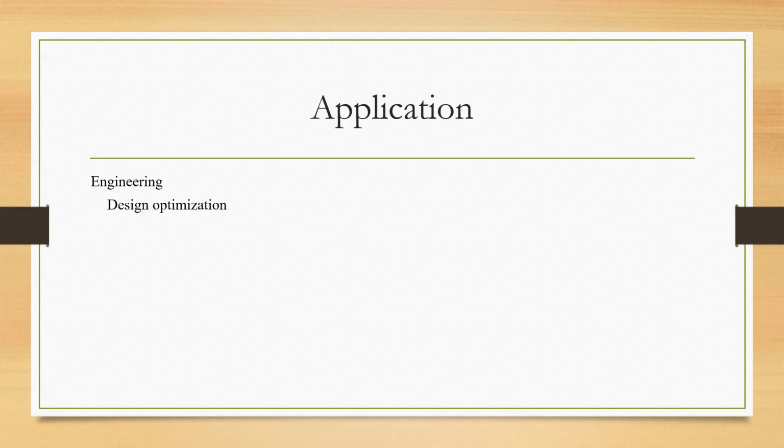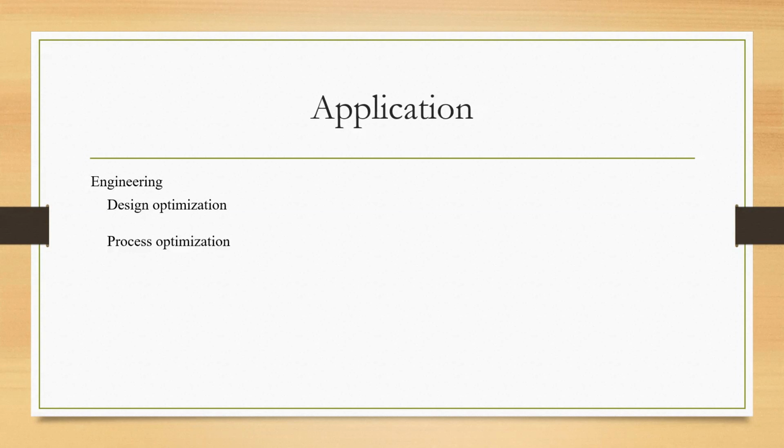The Powell method can be used to optimize the design parameters of an engineering system or component. For example, in structural engineering, it can be applied to find the optimal dimensions of a structure to minimize weight while satisfying strength and stability requirements.